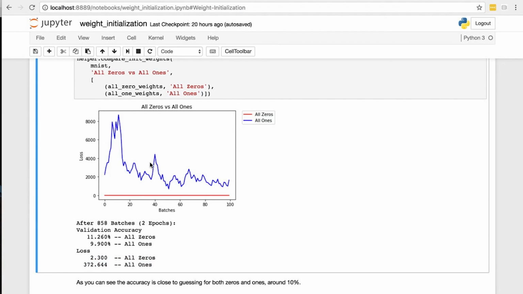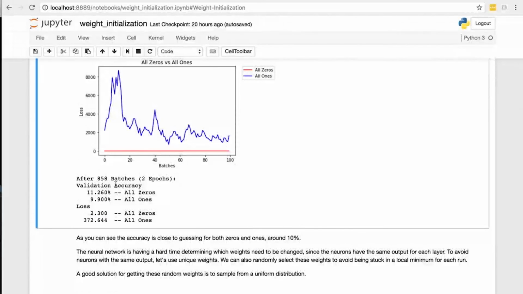So this is basically performing really poorly. Again, because our weights are all the same, the activations of all of our units in the hidden layers are all the same. And the backprop algorithm is having a really hard time trying to minimize the loss.